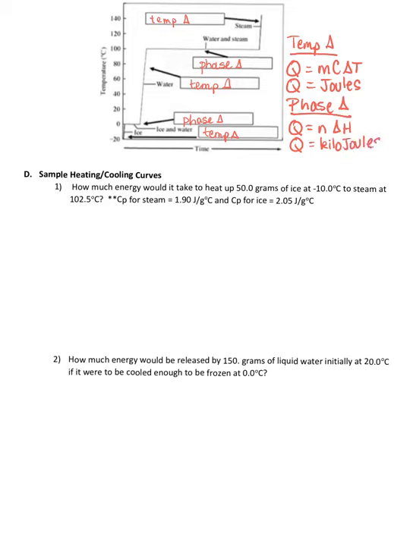Then when you are all done, you are going to take all of your Q's and add them up to get your Q total. So Q for each one of these regions, Q total. And so your joules and kilojoules cannot be added together. You'll have to make them all into kilojoules. So we'll cross that bridge later on.